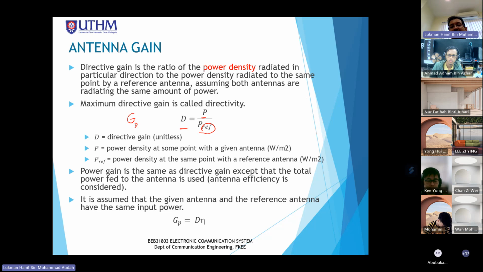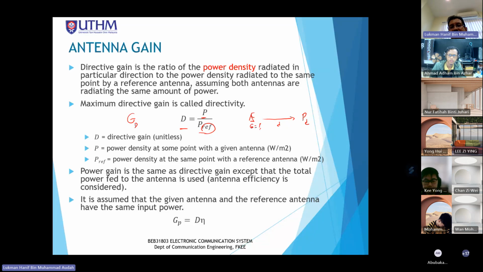So imagine that I have a real antenna, and I want to measure the power density at a certain distance. My antenna has a specific gain.